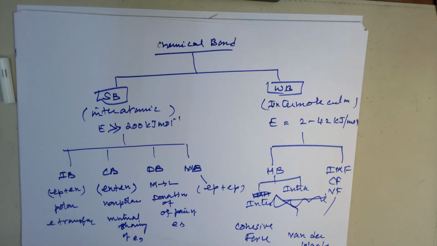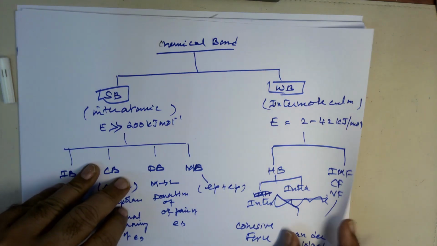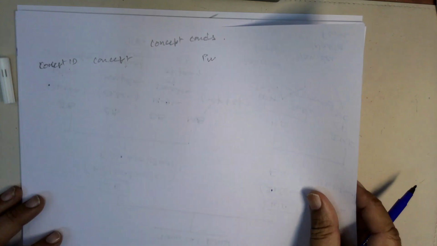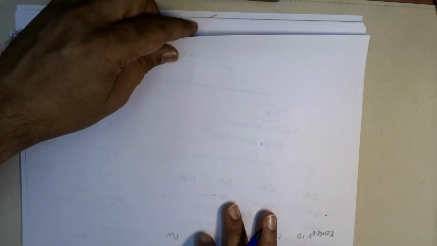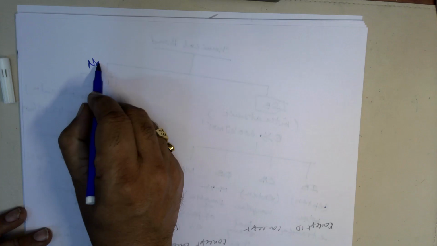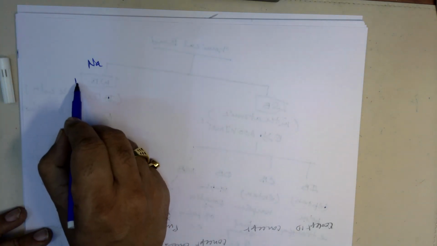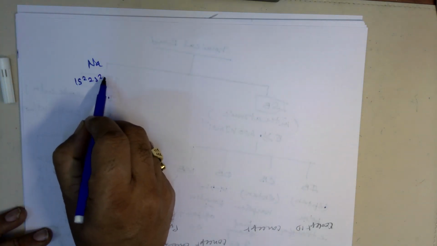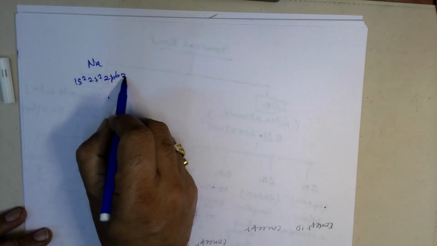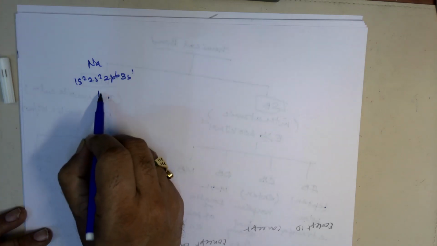Then I was discussing the ionic bonds, where I was explaining sodium chloride. For example, sodium has 1s2, 2s2, 2p6, 3s1. That is sodium with 11 electrons.